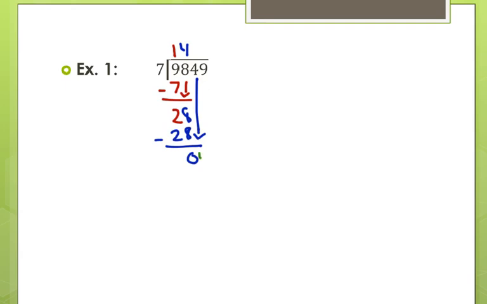And then you are going to say 7 goes into 4 0 times. 0 times 7 is 0. Subtract it, bring down the 4, bring down the 9, and so then you have 49, and say 7 goes into 49 7 times. 7 times 7 is 49, subtract it, you get a remainder of 0.